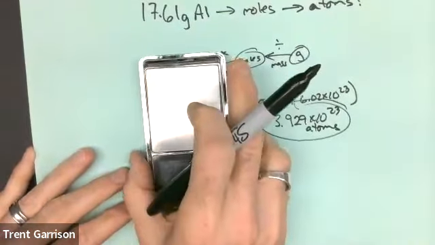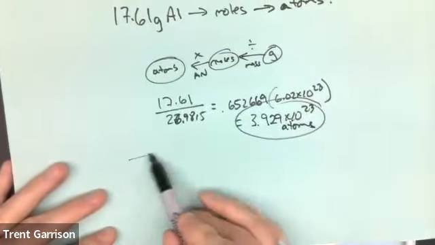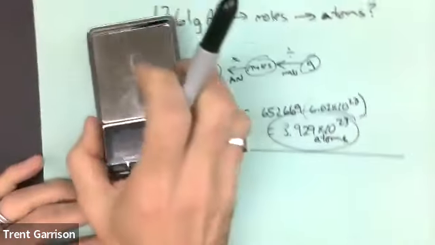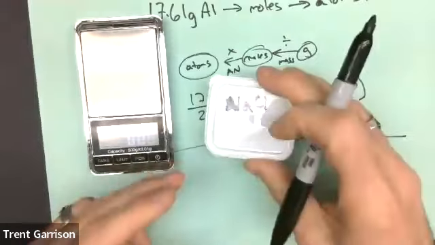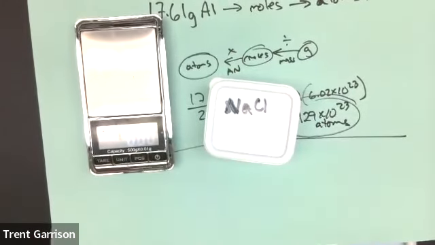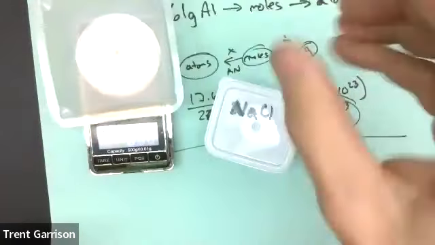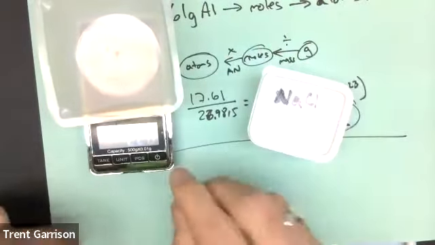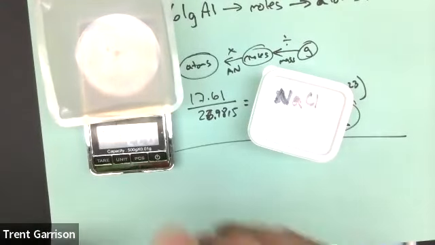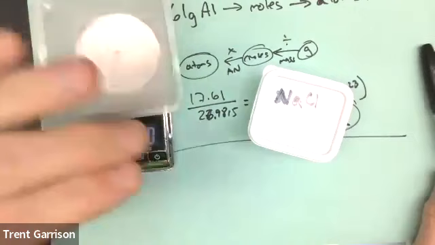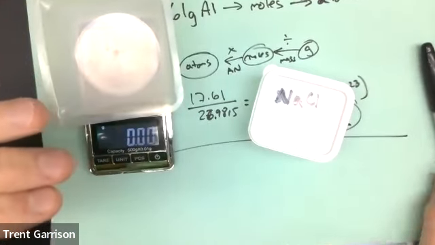We're going to do the exact same thing now, this time though, with a molecule, not with an atom. So we're going to take NaCl. I'm going to place on it just a little container here to hold it into place. Let's see if I can get this to tare, where you can see it.